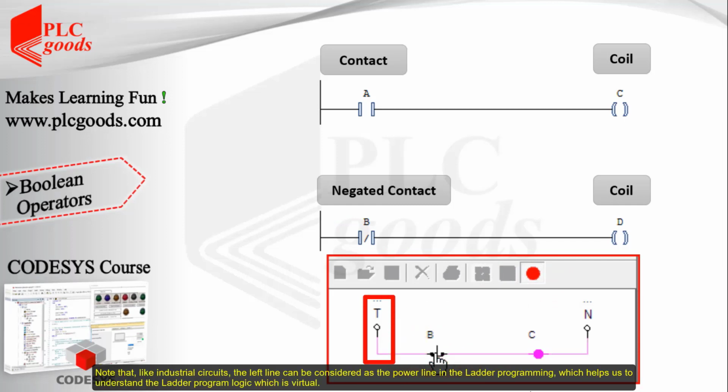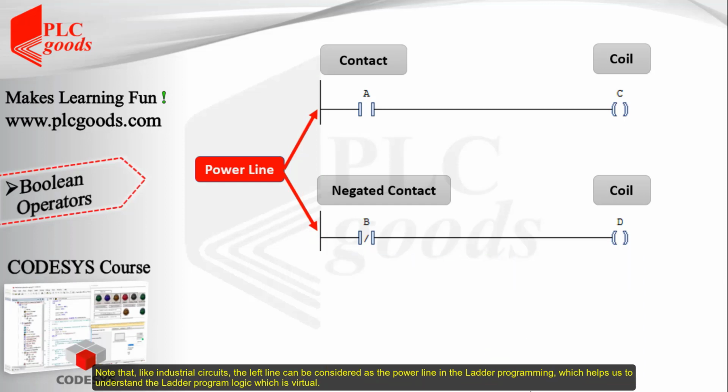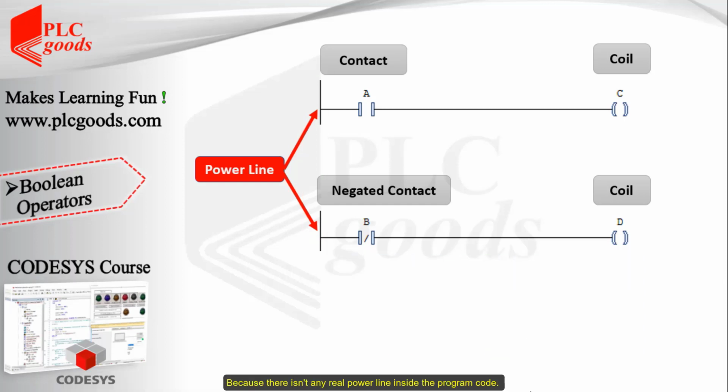Note that, like industrial circuits, the left line can be considered as the power line in the ladder programming, which helps us to understand the ladder program logic, which is virtual, because there isn't any real power line inside the program code.